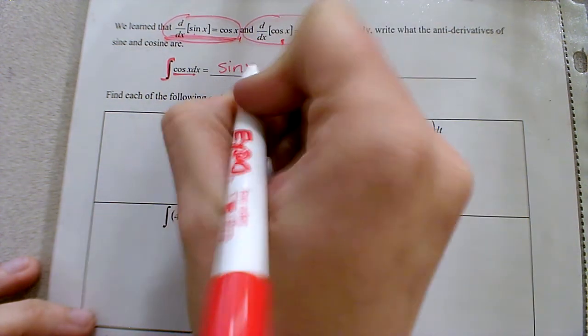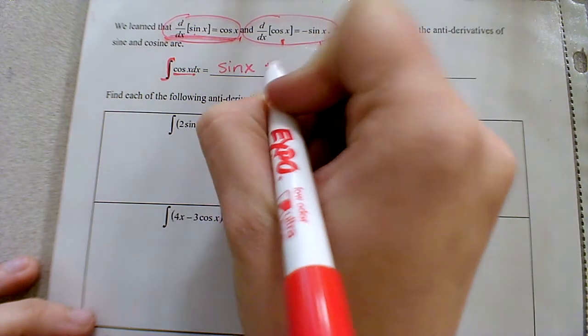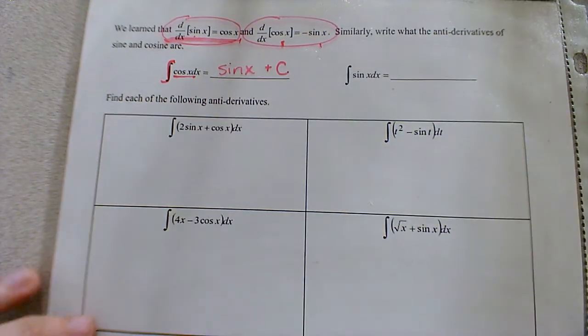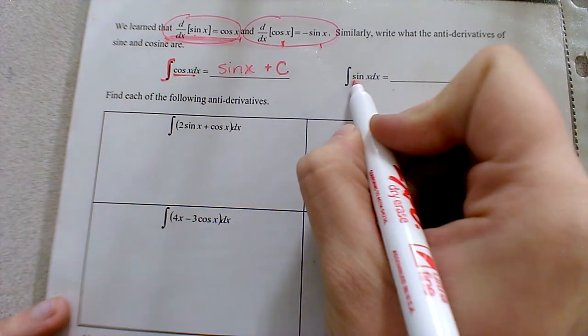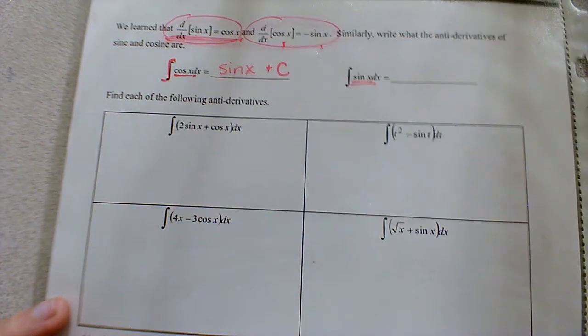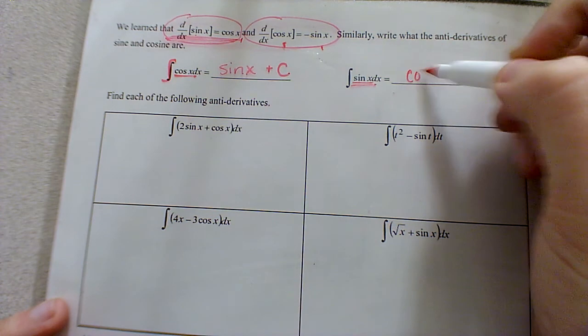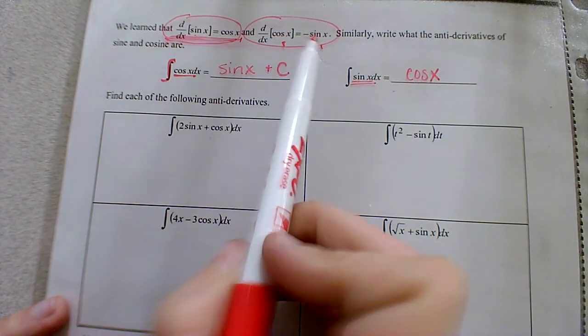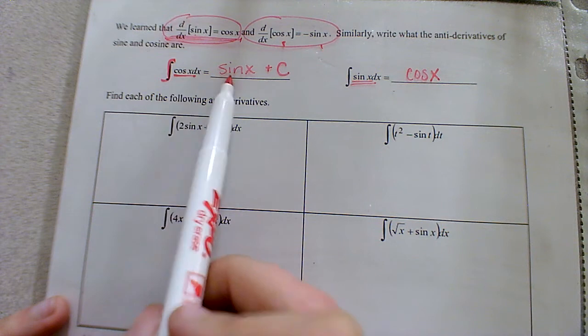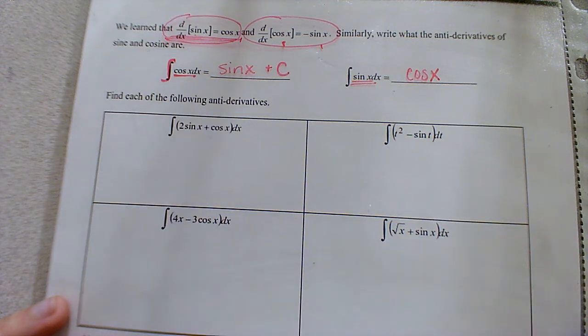So we'll say sine of x, and there could be some constant on the end, so that's why we're going to put the plus c. Similarly, we have to think about what we could take the derivative of that would give us sine as an answer. We could probably narrow it down to cosine, because just like sine and cosine are related to each other with their derivatives, so are they related with their antiderivatives.